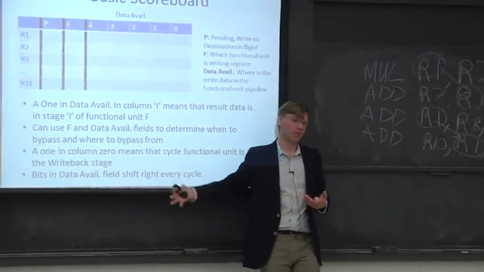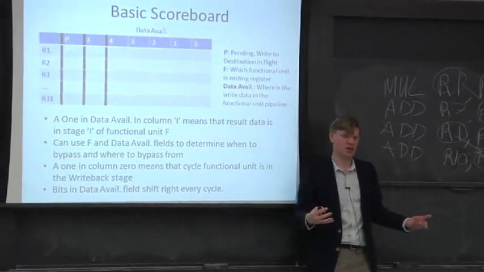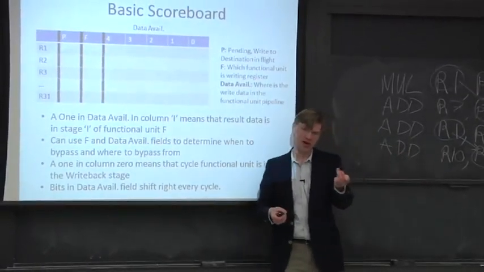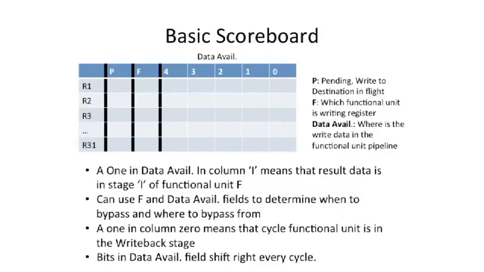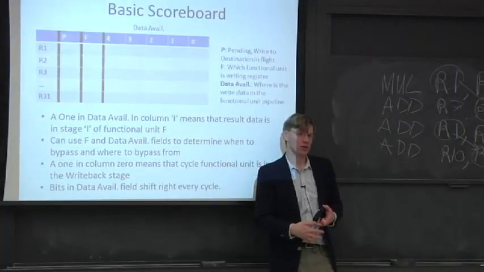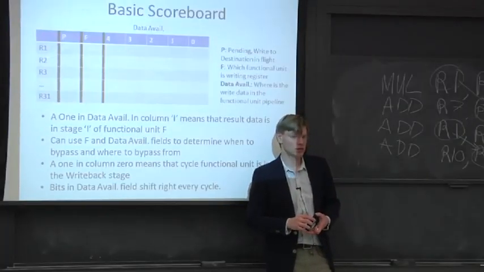You don't need to actually track that information. There's just some piece of logic which says, for a multiply, we can't bypass until here. If it's an add, we can bypass from here or there. It can just be part of your combinational logic in your decode unit or your issue logic.